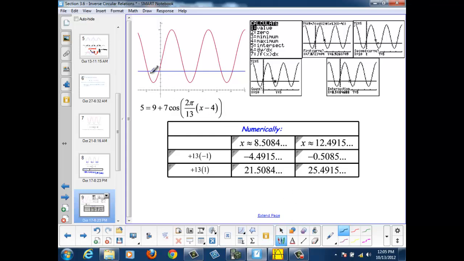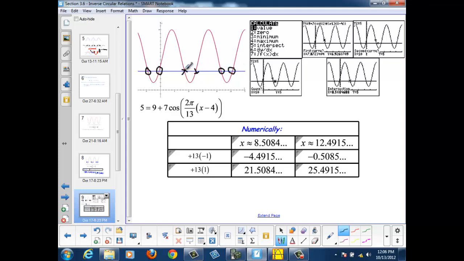And you can see here on our graph that negative 4.4915 is right here. Negative 0.5085 right here. Here were my first two solutions. And 21.5084 and 25.4915.